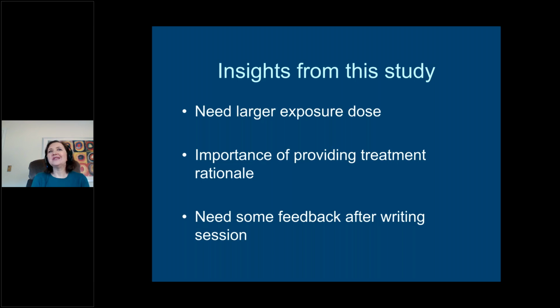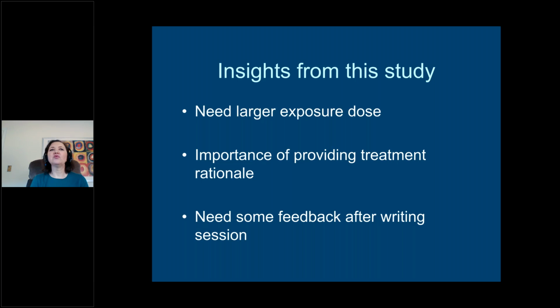So if a client doesn't know why they're supposed to do what they're being asked to do, they're not likely to follow the instructions, and they're not likely to get any kind of good outcome. So it's really important that we provide a treatment rationale, especially when it's something that the person is trying hard not to do every day. It's important to tell them why we think it will be important for them to write about their trauma event and how this is going to help them.